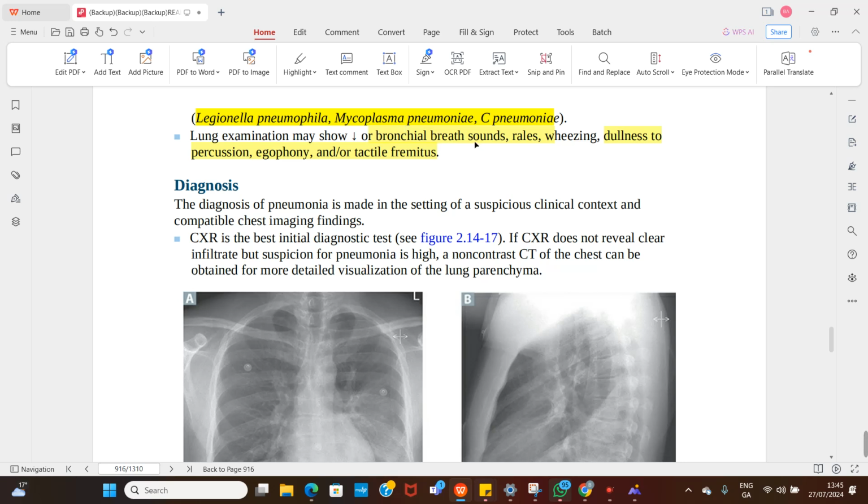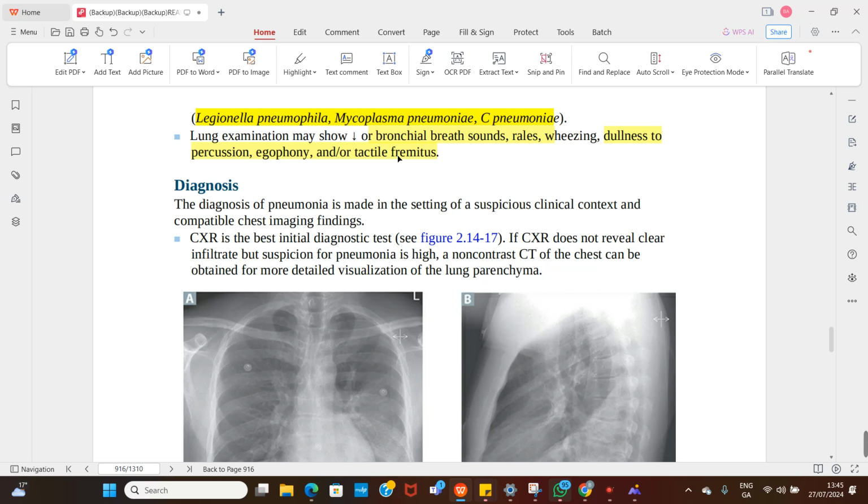So, if you do your lung examination, what do you expect? The breath sound will be increased, bronchial breath sound. They can have rales or crackles. They can have dullness to percussion because of the consolidation. They can have egophony or increased tactile fremitus, because consolidated lungs have a high tendency to transmit high frequency sounds.